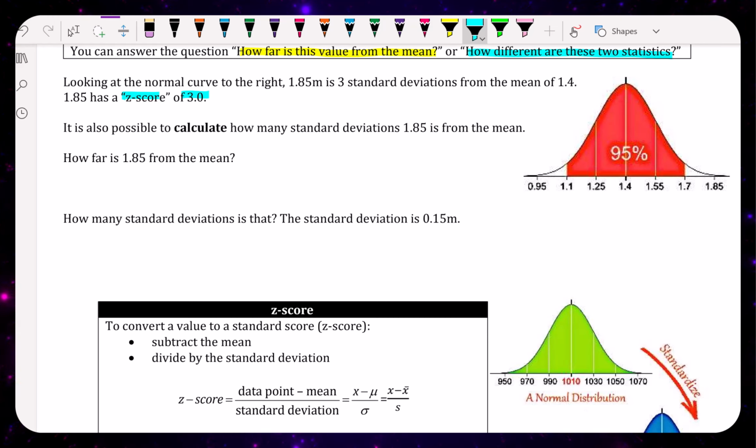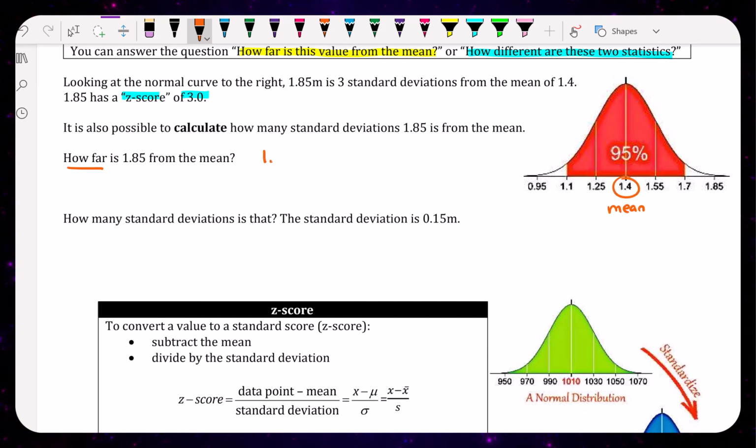Let's go through the process of calculating what a z-score is. So it's possible to calculate how many standard deviations you have from the mean. So this is going to step you through it in words. How far is 1.85 from the mean? So when it asks how far, you can just subtract the mean from 1.85. Now in this case, the mean is 1.4.